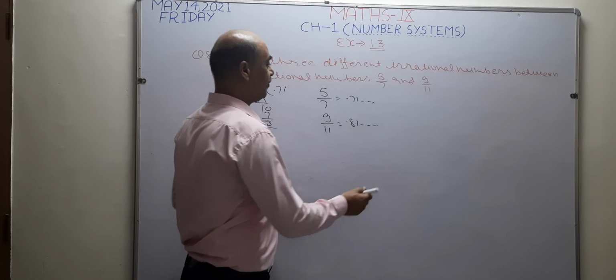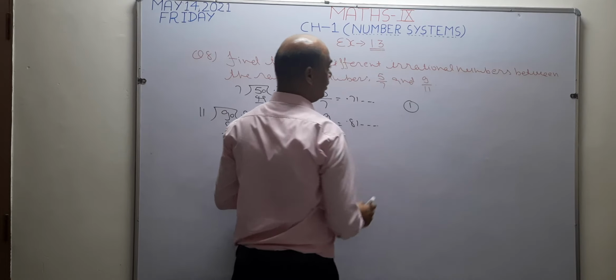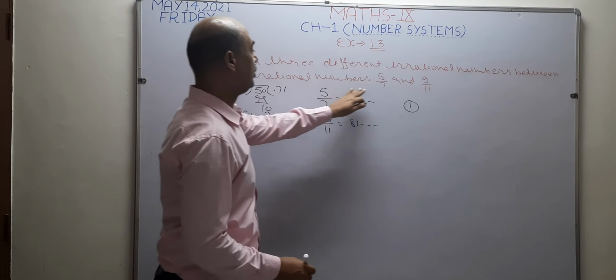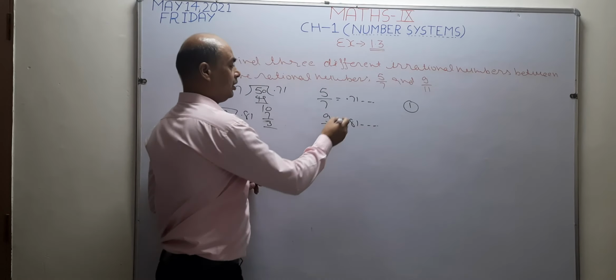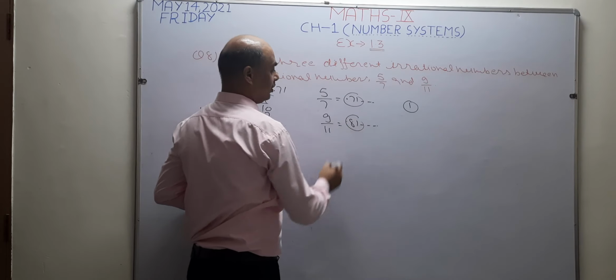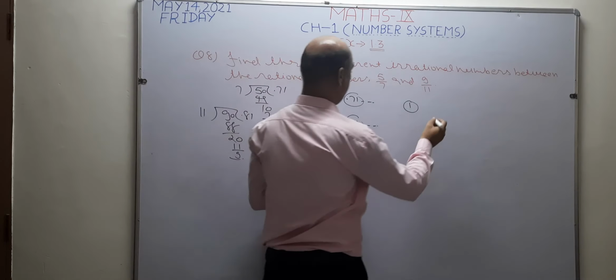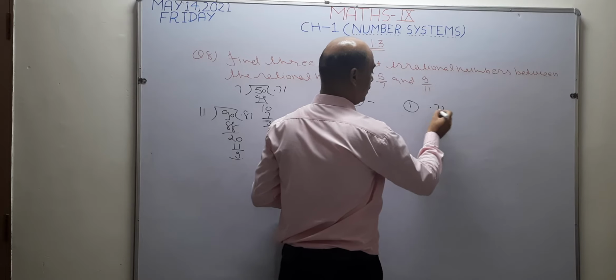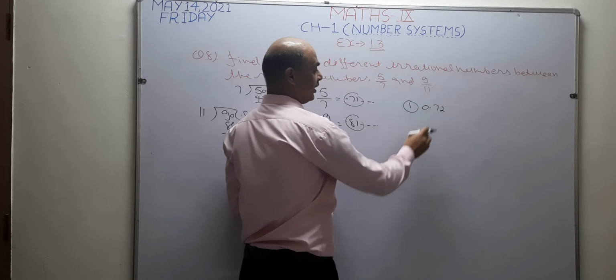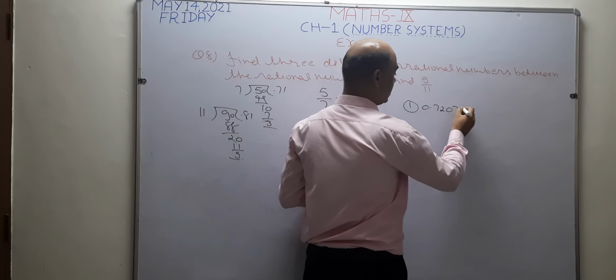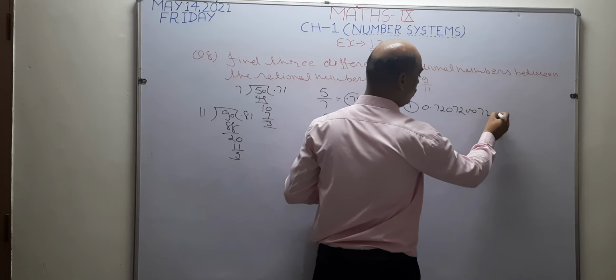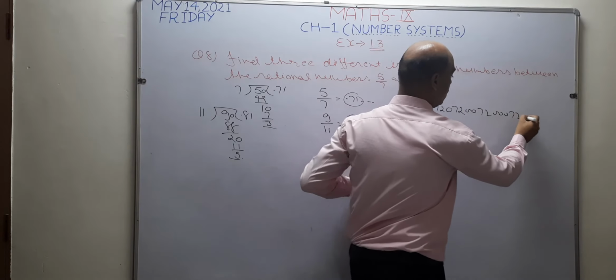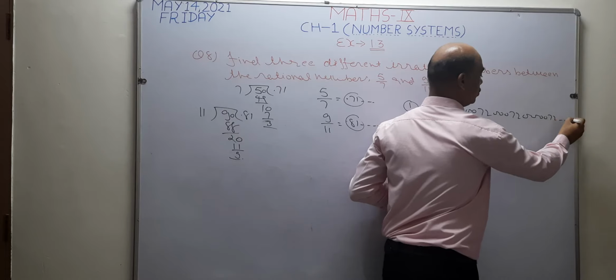So I want to write the first irrational number from the given two rational numbers. Now see, between 0.71 and 0.81, which number is there? I take 0.72. After taking 0.72, I write 0.72072007200072 and so on.